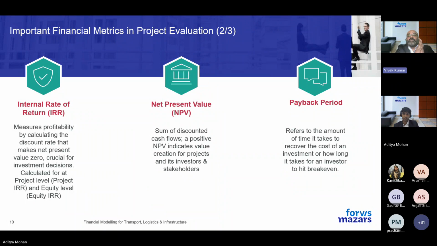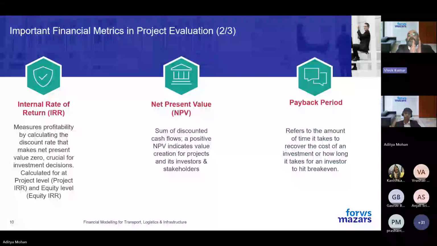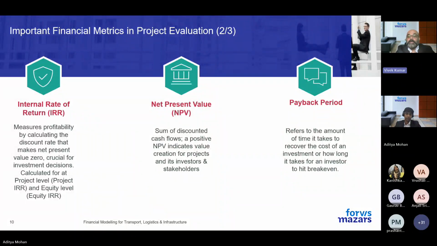If your project IRR is 12% and your cost of capital is 10%, it means that compared to the earlier scenario, your net returns are lower, 12 minus 10, adjusted for time. They are still positive, but lower.